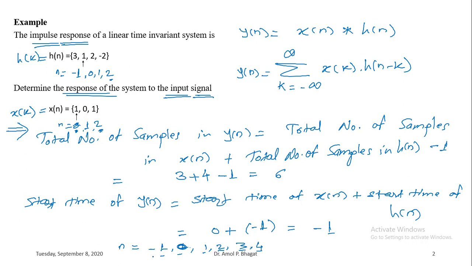These six values of n we have to substitute in y of n, and compute y of minus 1, y of 0, y of 1, y of 2, y of 3, y of 4, mathematically.